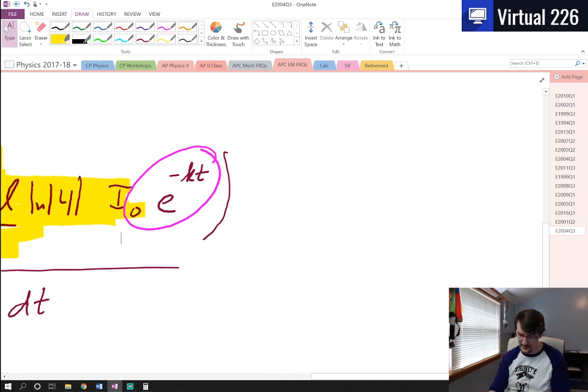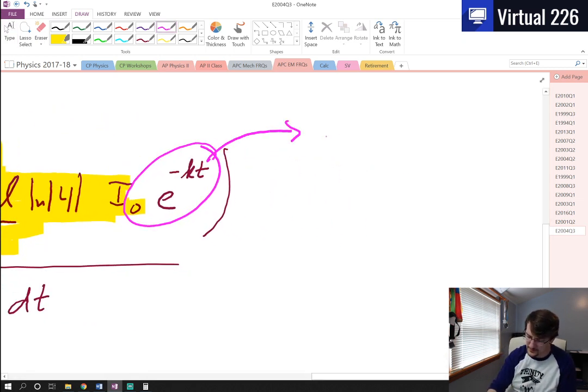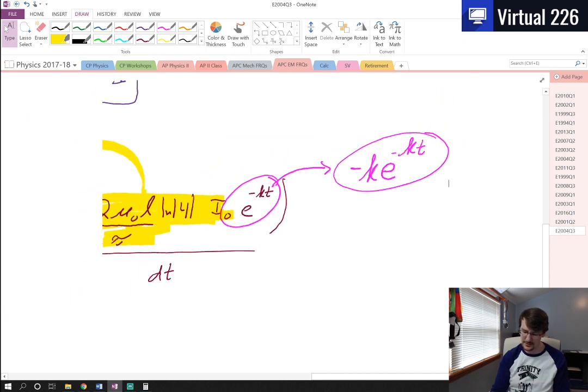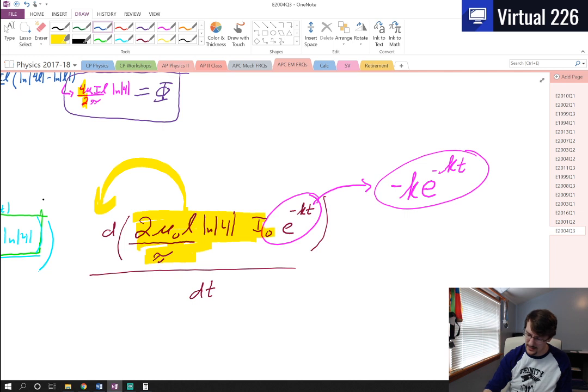The derivative of that is just going to be minus k, because we take the derivative of the exponent with respect to time, so the t becomes a 1, pulls down the k, t to the 0 is just 1, so we get the minus k outside, e to the minus kt. So that's the derivative we care about, that we're going to shove in with all of the constants.